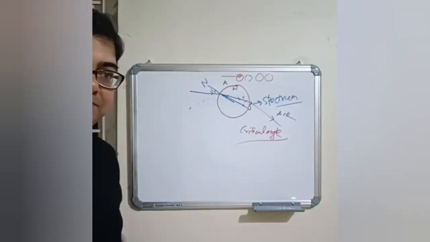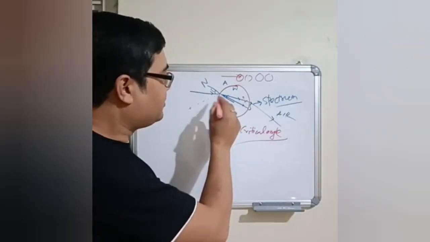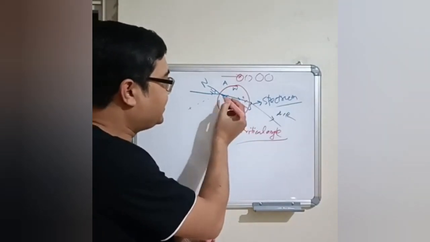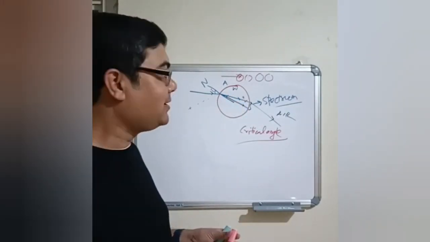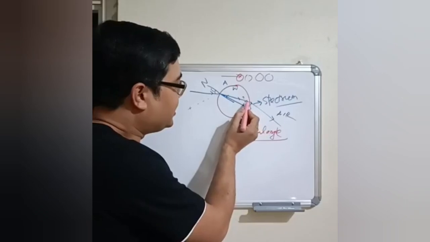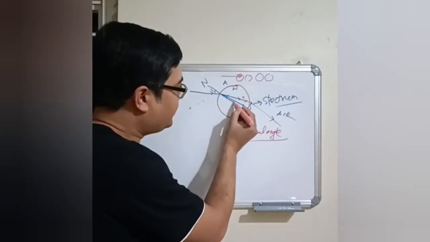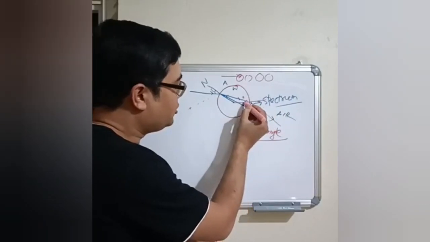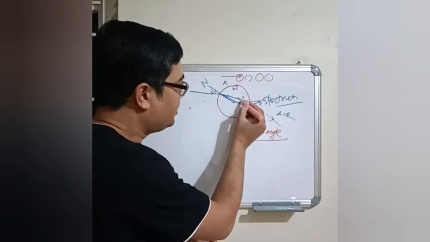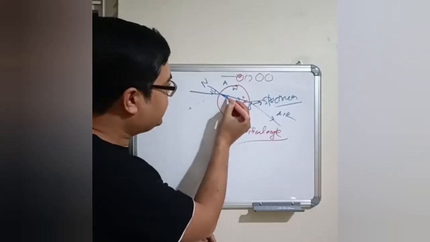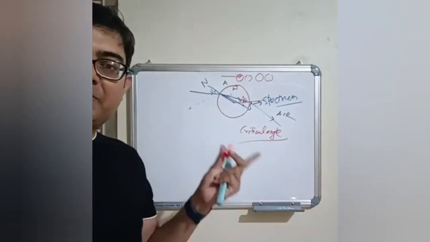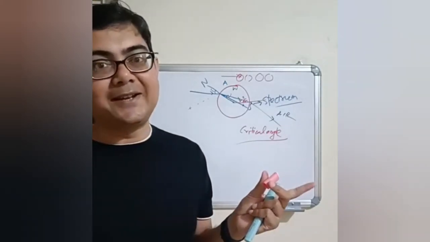Oppositely, if it is less than the critical angle, then here also I am drawing from the center, and here also I am making a normal. This should also be the angle of refraction, because geometrically this angle and this angle would be the same. So it must be lower than the critical angle.